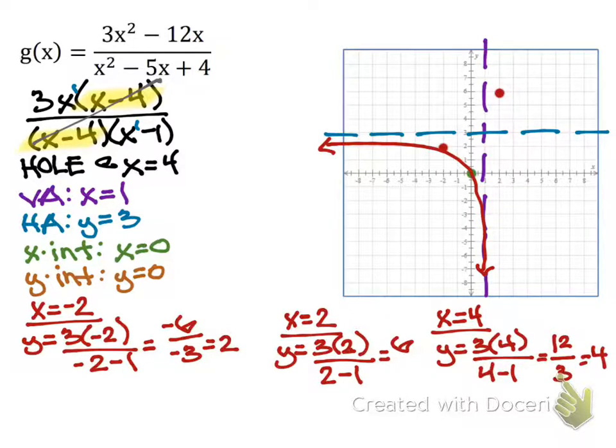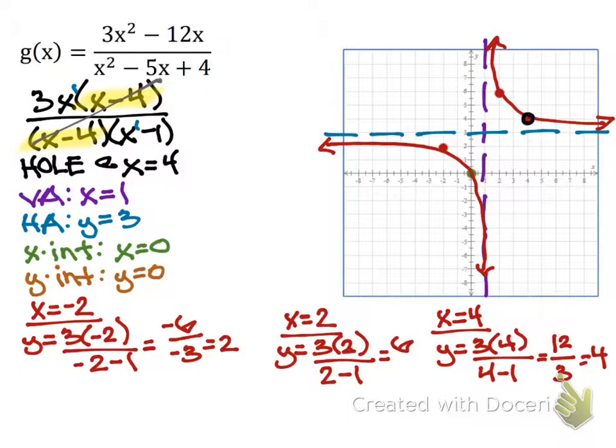When x equals 4, y equals 4. So I would plot that point, and I can see that my graph would do this. But remember, we are not done because we have a hole at x equals 4. So at x equals 4, we're just going to make that an open circle right there. So we know that there is a hole when the x value is 4.